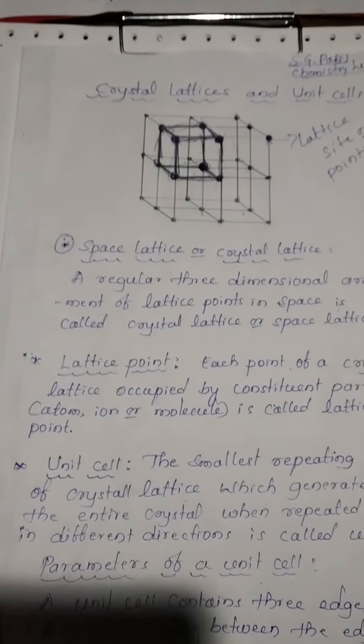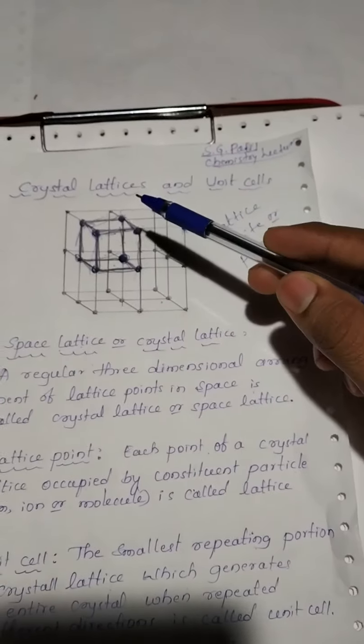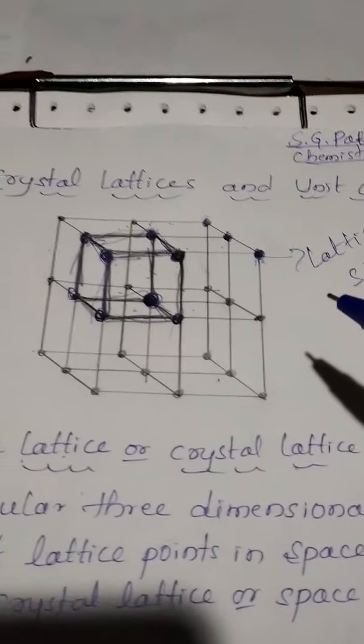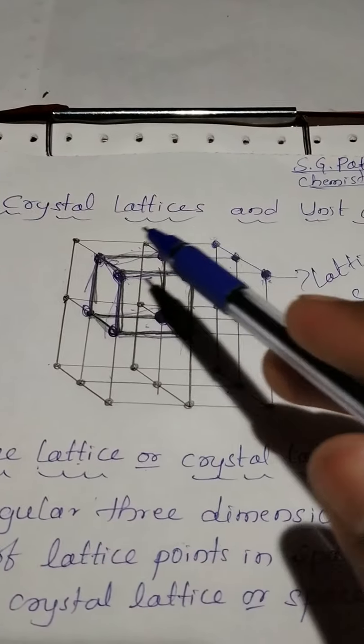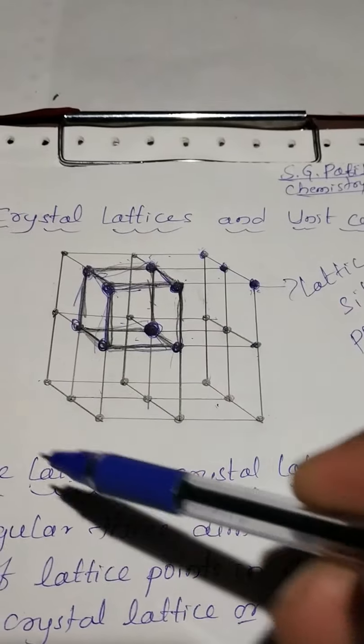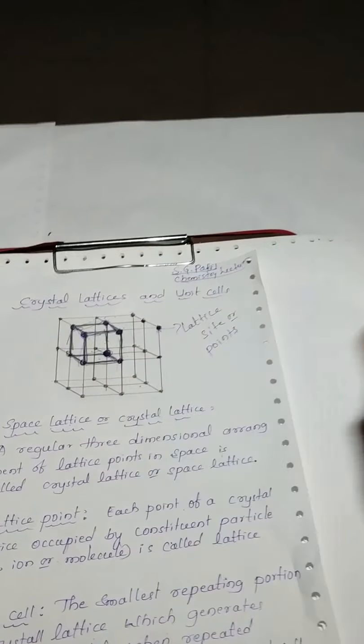Now let's understand this concept. What do you mean by crystal lattice or space lattice? This crystal lattice is also called a space lattice. See here, this is called a crystal lattice.